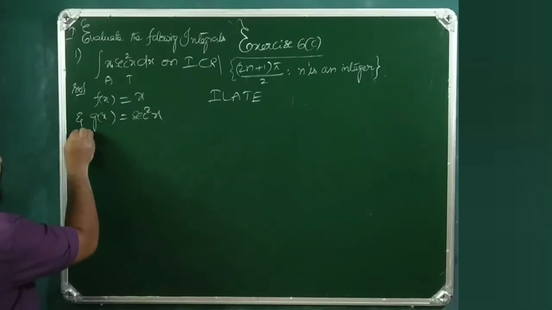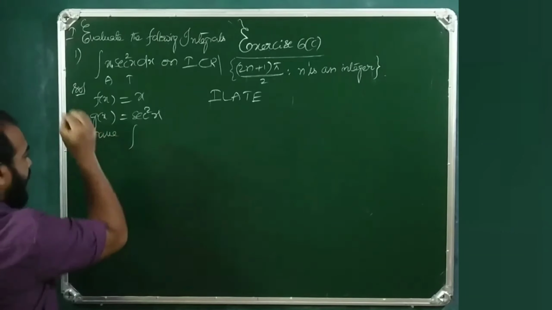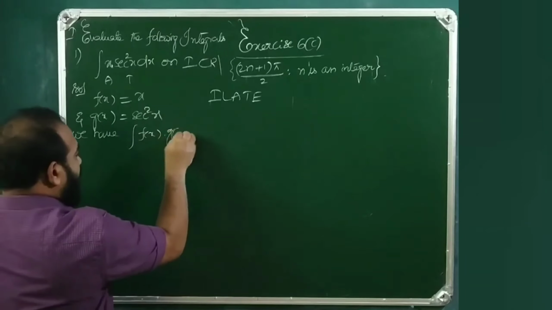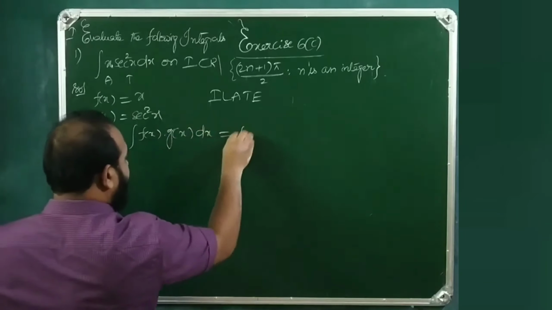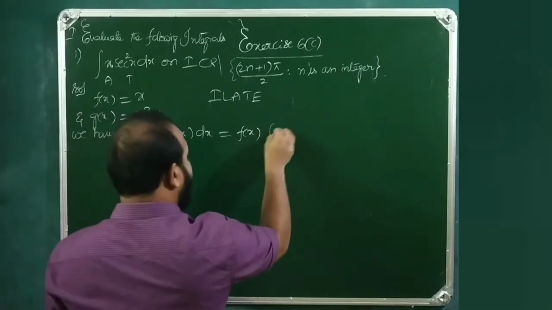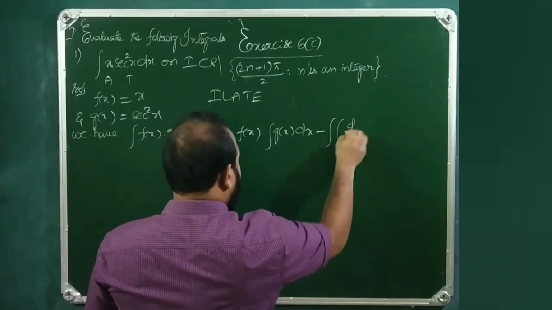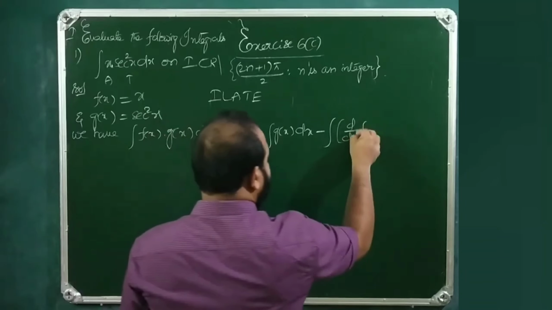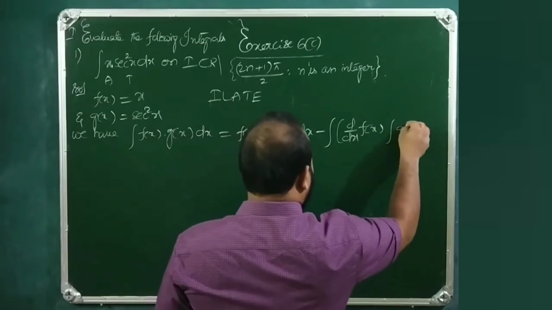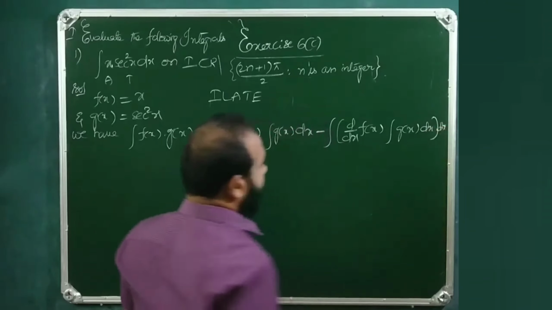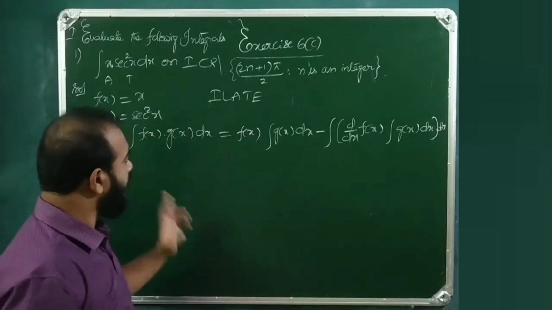So we have the formula: integral of f of x into g of x dx is equal to f of x into integral g of x dx minus integral of d by dx of f of x into integral g of x dx whole dx. This formula we have derived also.